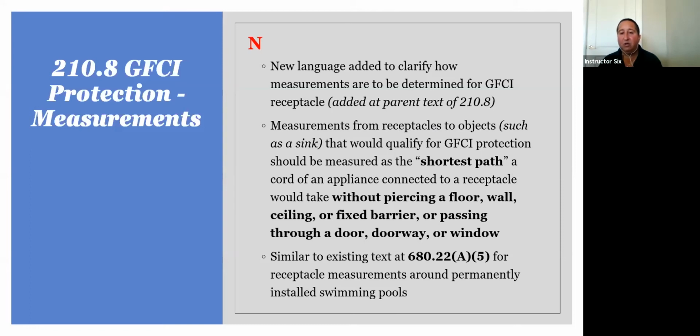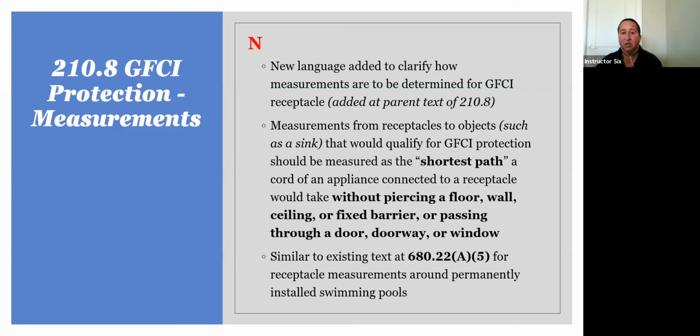Passing through a door is like going to a cabinet. You know, you have cabinets in your kitchen. You can't just go through the cabinet, so it doesn't qualify. So you have to make sure that you don't have any cabinet space. So if you're going through, it would not qualify. So this is now a new requirement in the NEC.